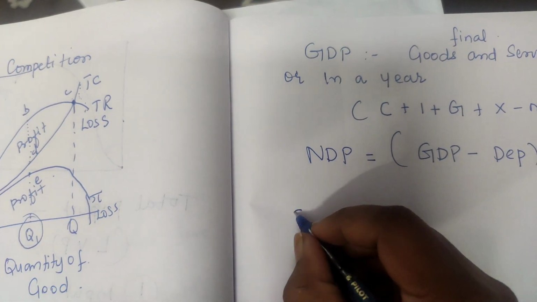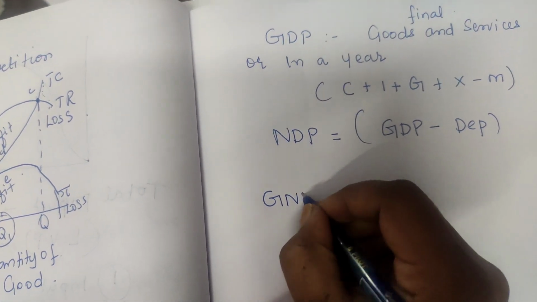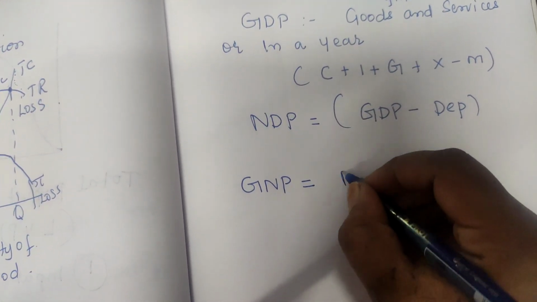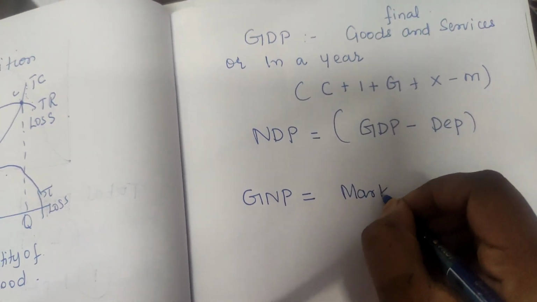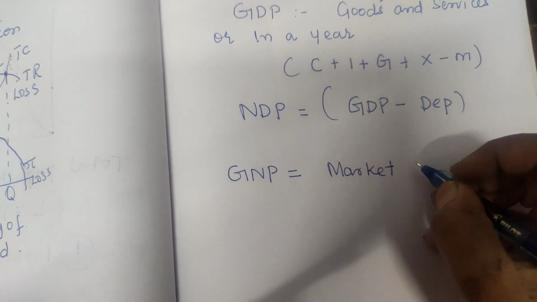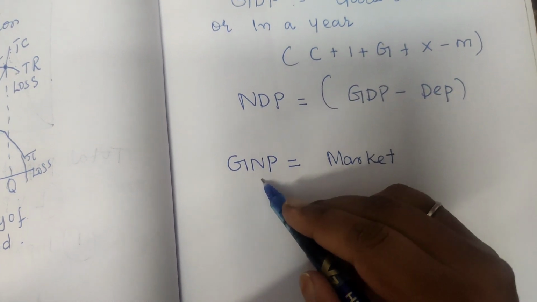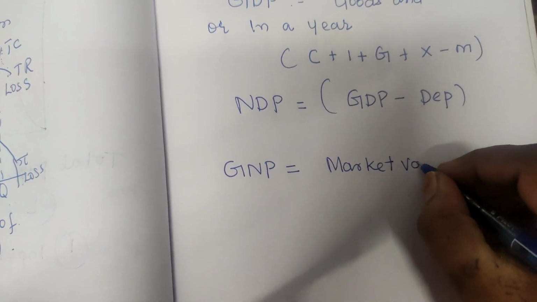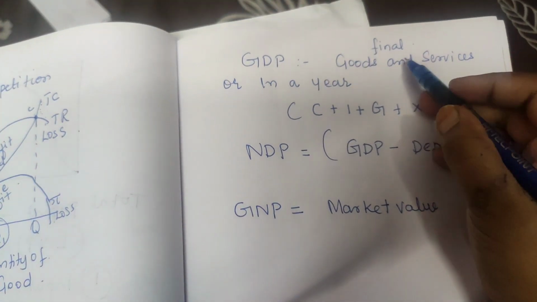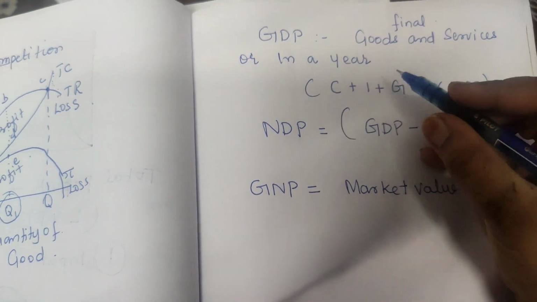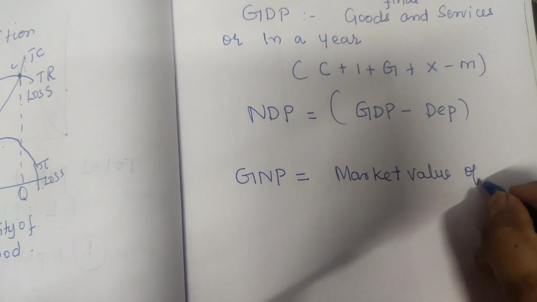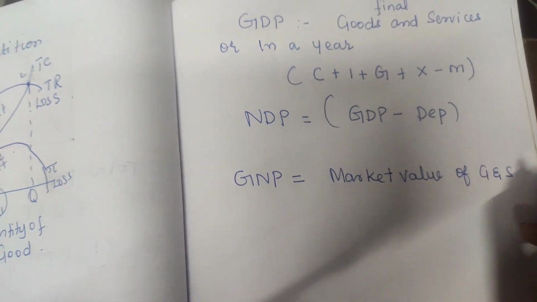After that we need to calculate GNP. What is meant by GNP? This is gross national product, which is the market value of the final goods and services produced in a year.